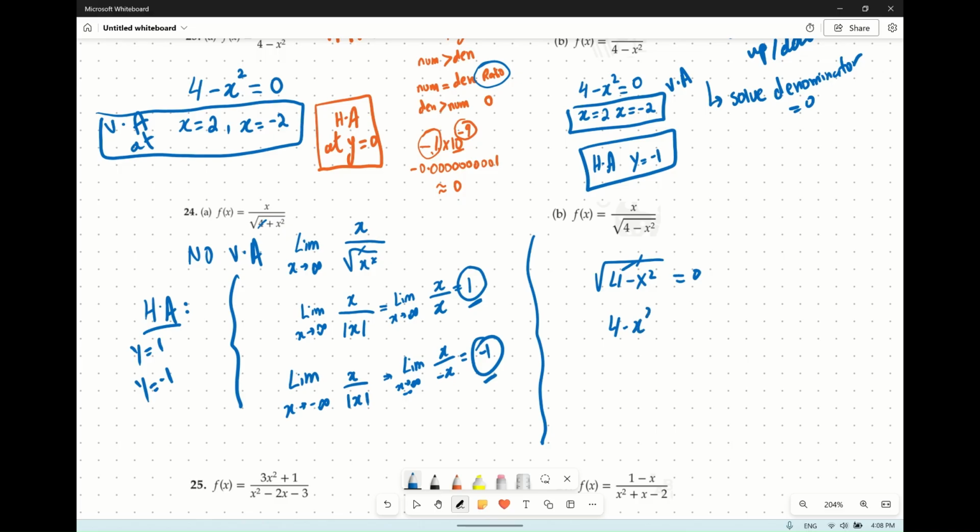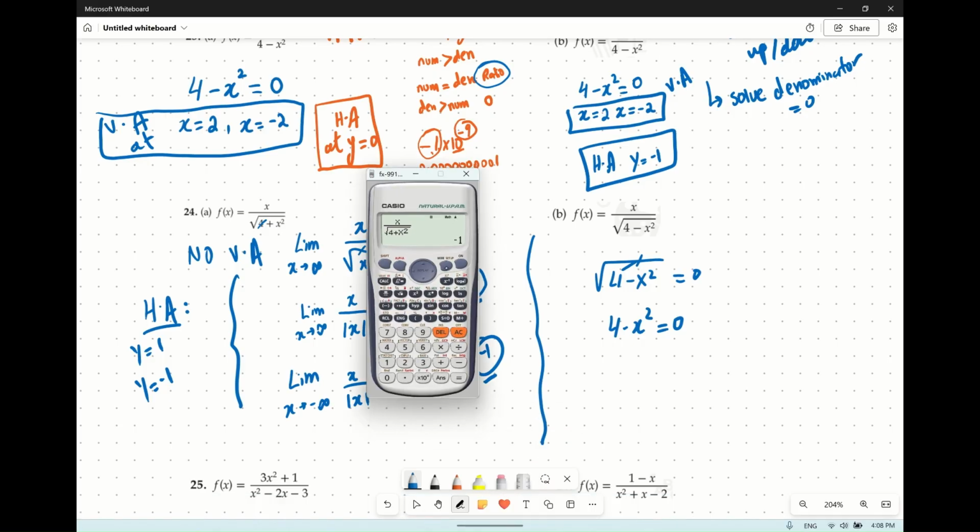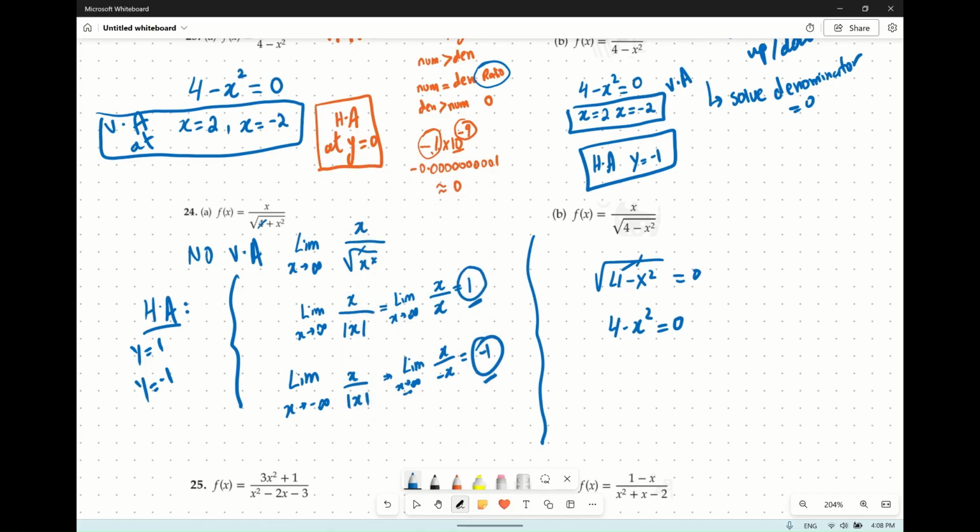So 4 minus x squared equals 0. Now I need to solve this one. So I go to my calculator, mode 5, 3. A is negative 1, B is 0, C is 4. So I got 2, negative 2. So x equal to 2, x equal to negative 2. These are where the vertical asymptotes are.